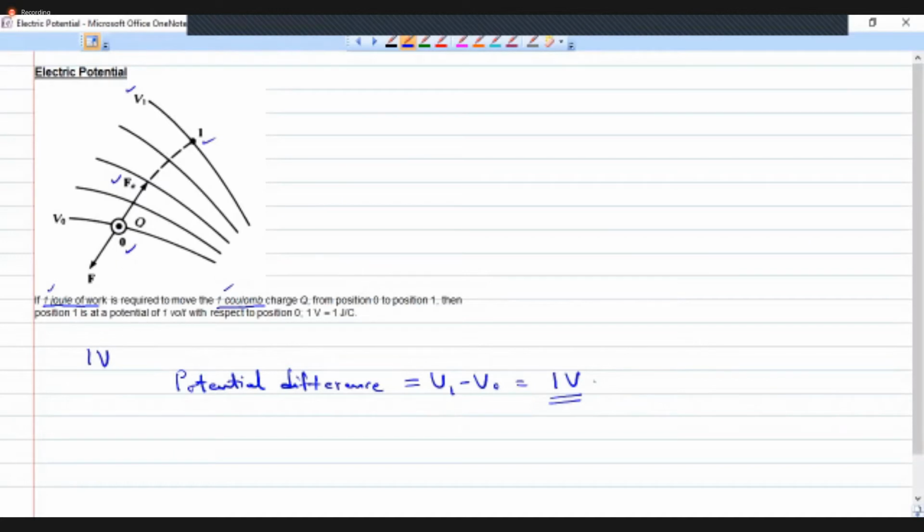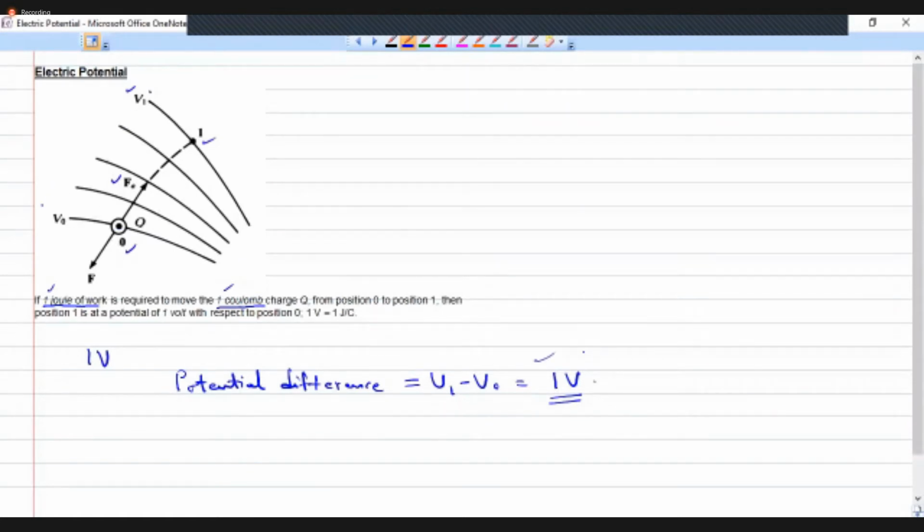So it is the amount of work done per coulomb of charge in order to move it from one point to another point. If you are doing 1 joule of work to move 1 coulomb of charge from this point to this point, then we can say that the potential difference between V1 and V0 is equal to 1 volt.